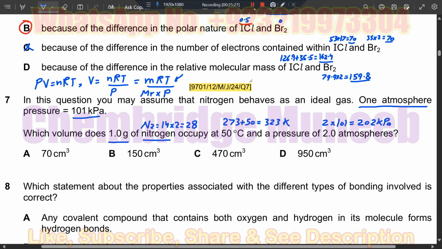So we substitute the values in this formula. As you know, this is a repeated question, so you can also find a solution on YouTube. So mass is 1, R value is constant, 8.31, and temperature value is 323, and then Mr value is 28, and the value of pressure is 202.